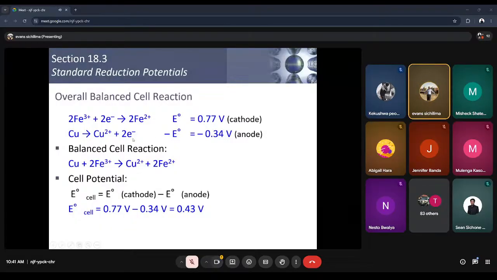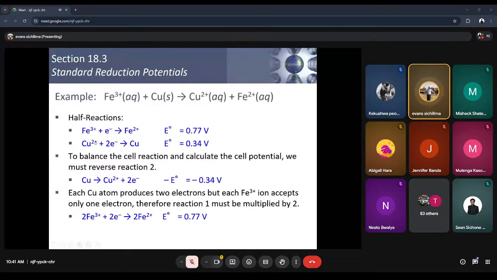Where I'm pointing this equation here, the original is in the reduction form, like I explained. So we have a positive value. But in the equation, we change the sign. We are changing both sides, the E naught and this side, okay? So you can cancel out these negatives. You get a positive value. Then you subtract.